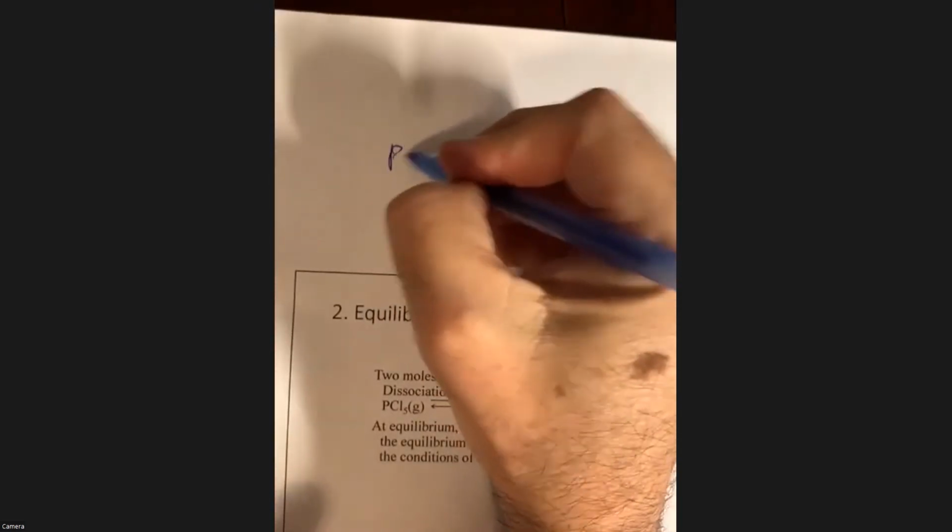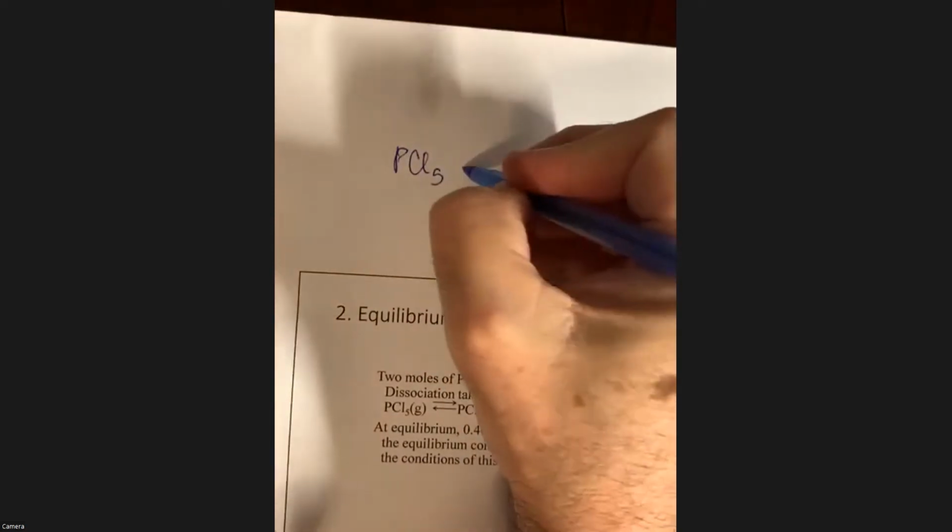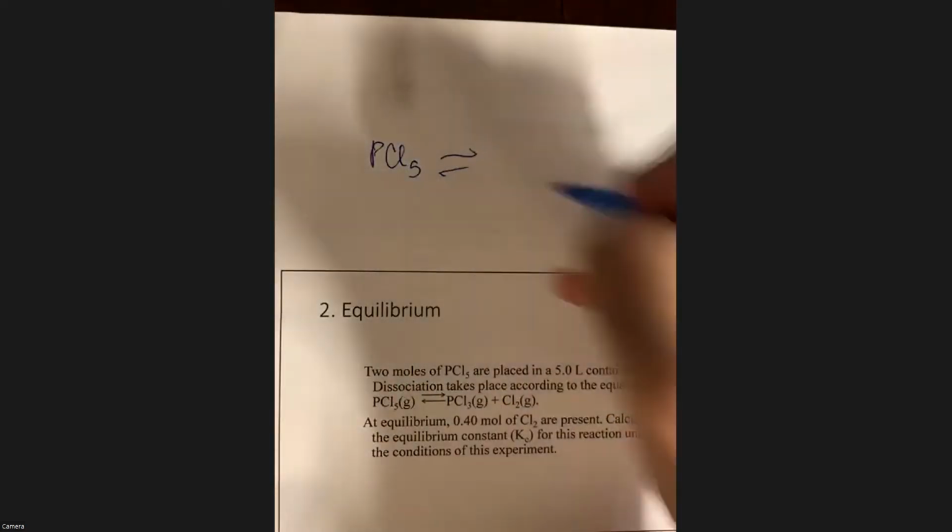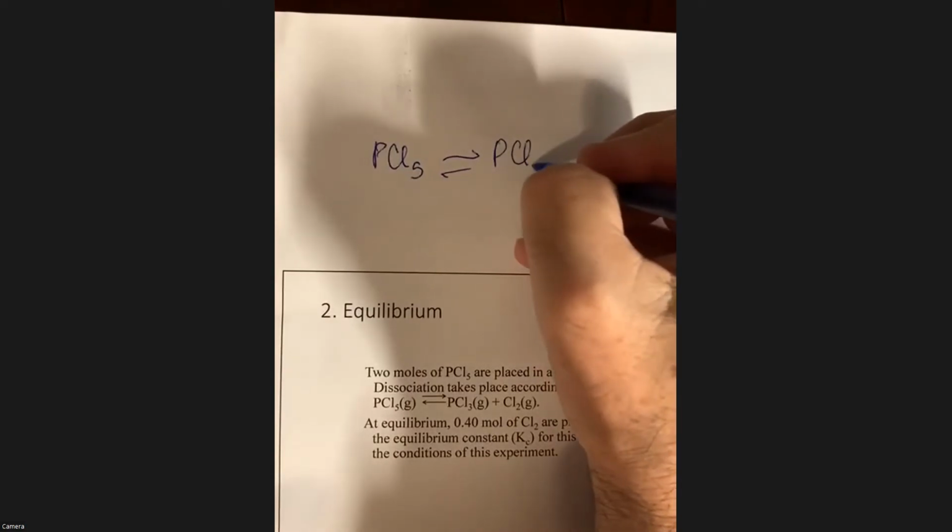Okay, when you hear a problem like that, what comes to mind right away? You're going to have to build... say it together. ICE. That's right. You're going to have to set up an ICE table. So let me put it up here on the top. You have your PCl5, then you have your PCl3.